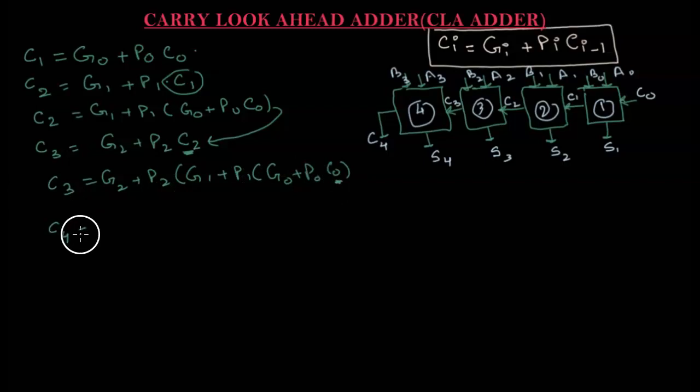Next, C4, that is the last C out, we have G3 plus P3 and C3.